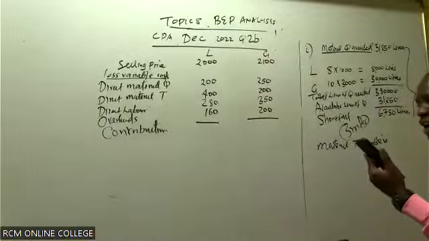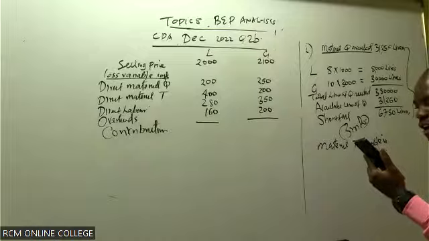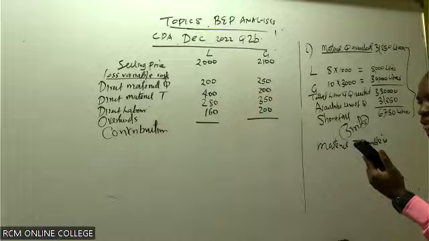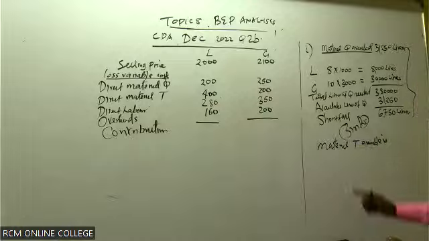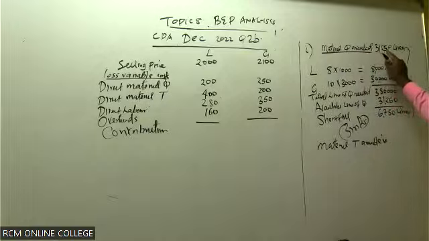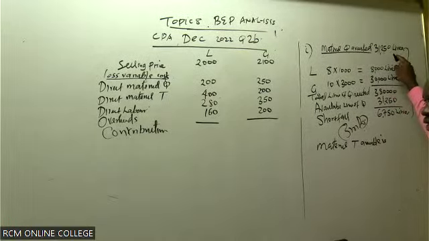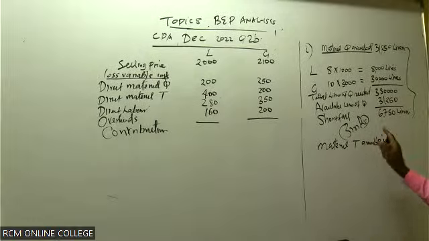So they are going to bring additional information number 5. They tell you material Q available is 31 to 50 liters. Material T available is 40 liters.